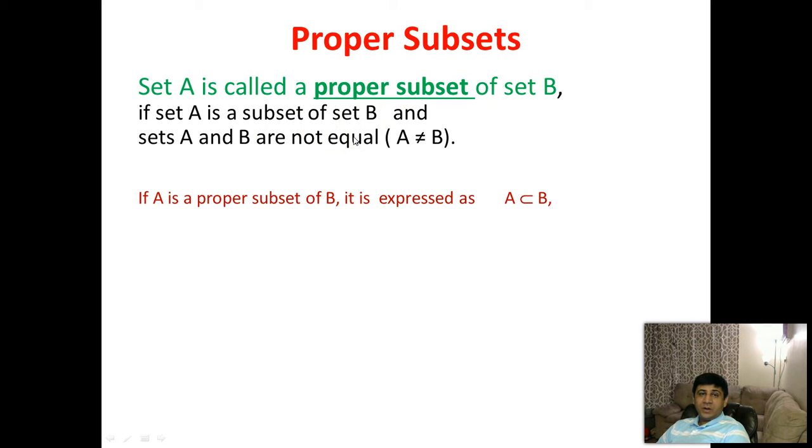The notation used for this is almost the same, except without the line below it. If we have a line below it, that means it's a subset. If there is no line, that means it's a proper subset.